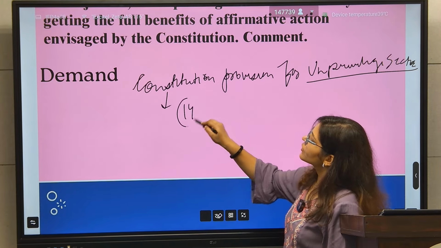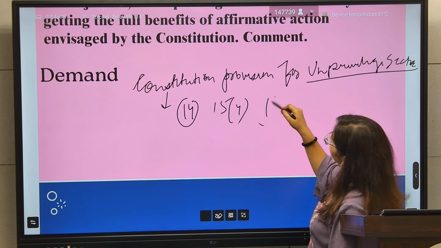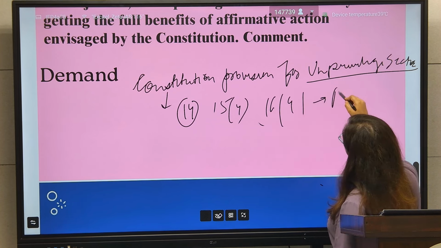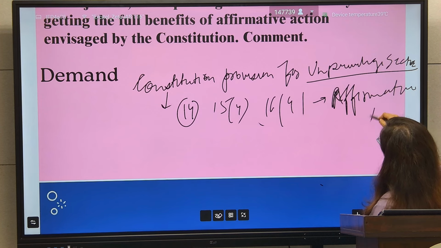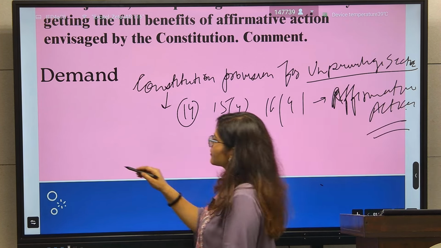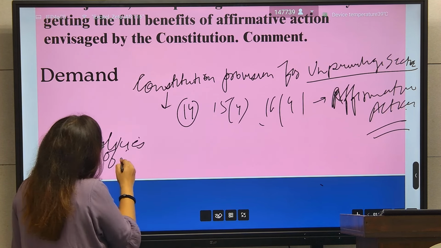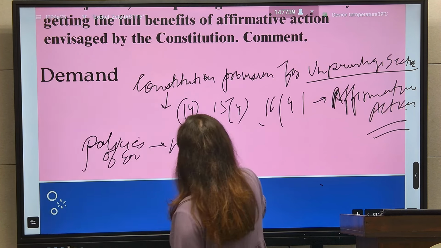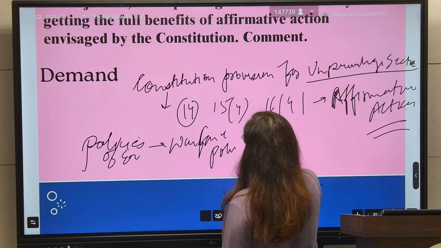There is Article 14, Article 15 clause 4, Article 16 clause 4, affirmative actions. Then policies of the government: welfare policies, tribal policies.